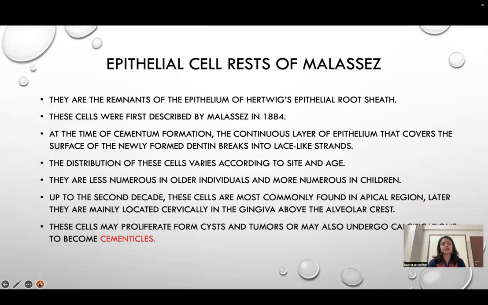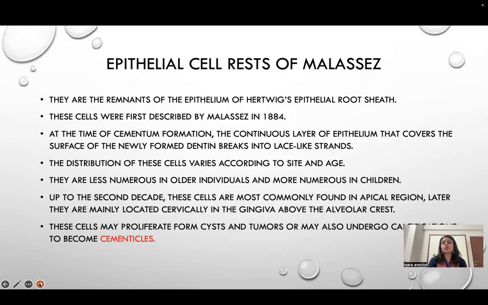Epithelial cell rests of Malassez are the remnants of the Hertwig's epithelial root sheath cells. These cells were first described by Malassez in 1884. At the time of cementum formation, the continuous layer of epithelium that covers the surface of the newly formed dentin breaks into lace-like strands. The distribution of these cells varies according to site and age.